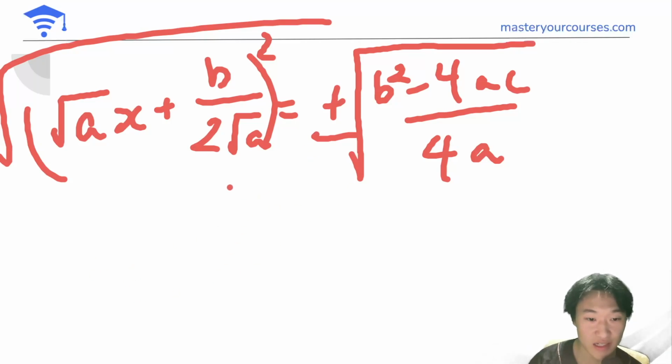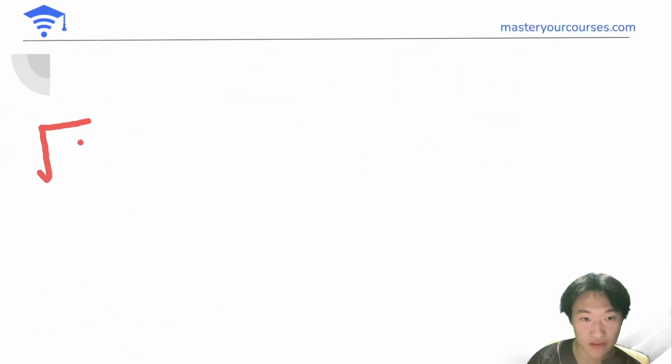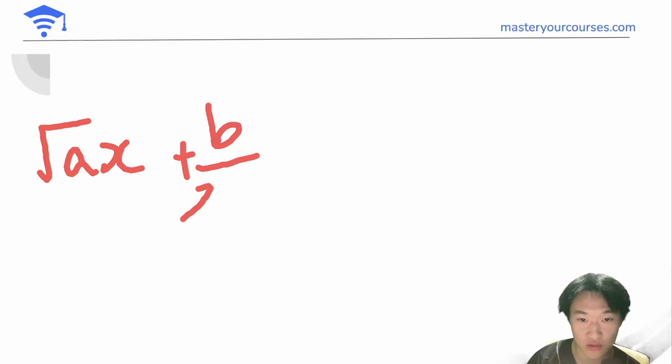Now that we have that, we can simplify this even more. We want to isolate for x, and we're pretty close. We already have square root of a times x plus something, so we subtract that, plus b over 2 square root of a, from both sides.